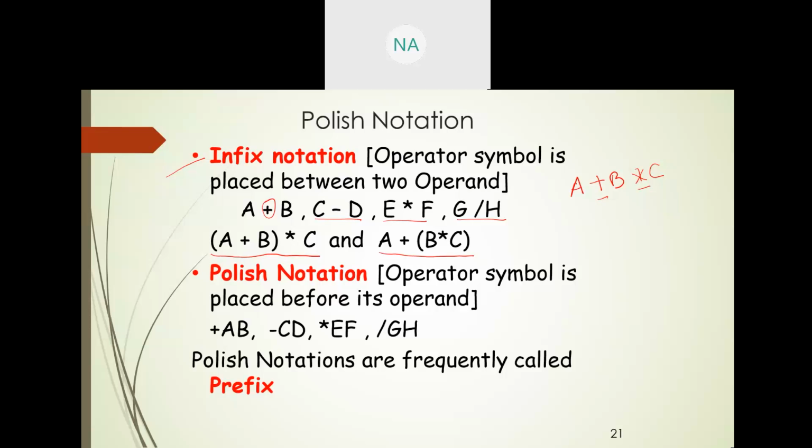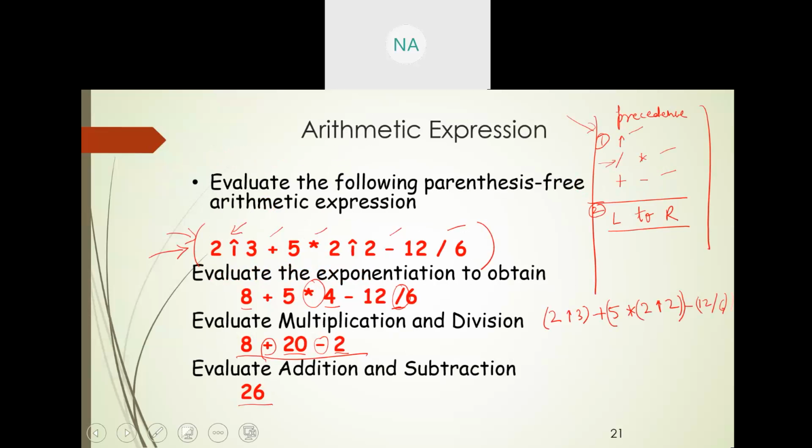So one way to resolve this ambiguity is to use parentheses, and the second way is to define different precedence rules. This is one set of precedence rules; another set of precedence rules can also be defined.